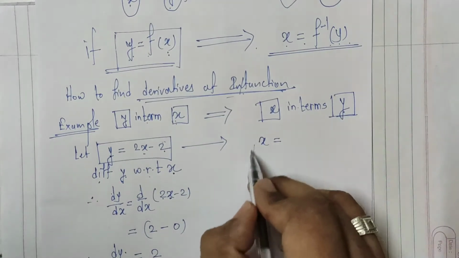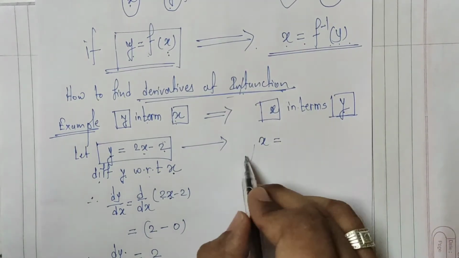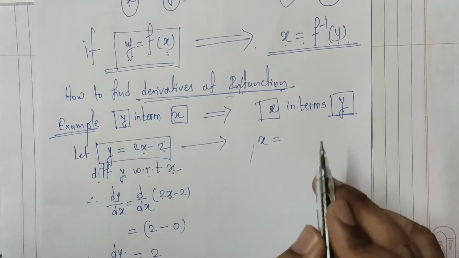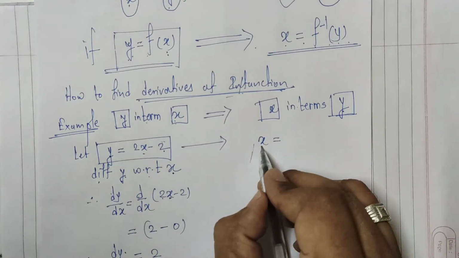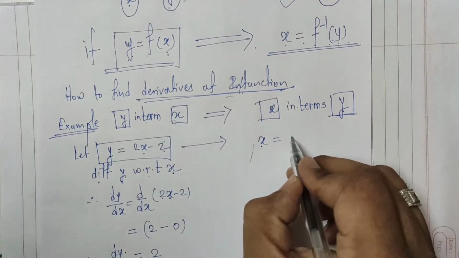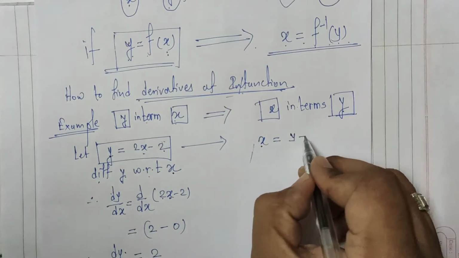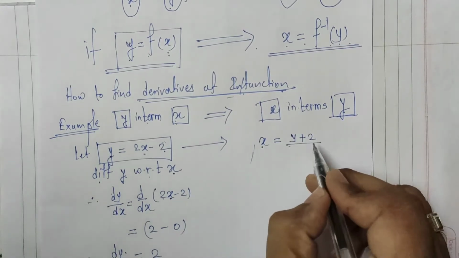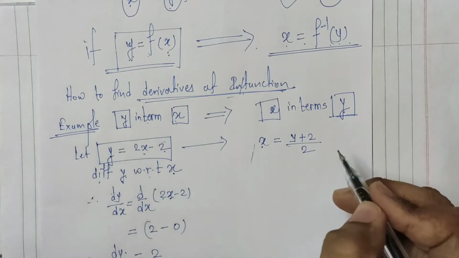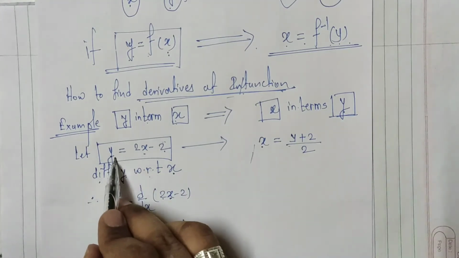This is called the inverse function. So x is equal to y plus 2 upon 2.